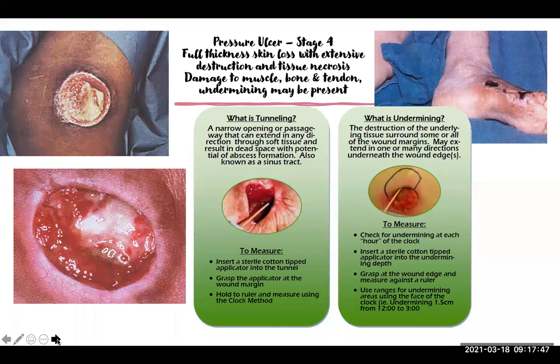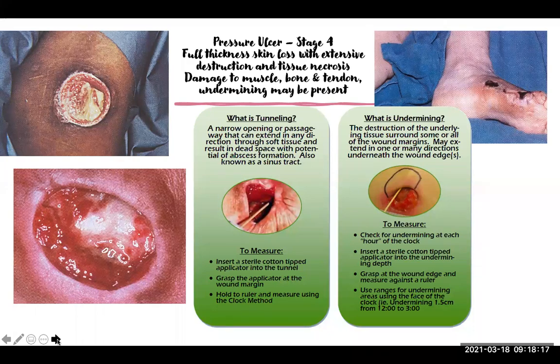So like for this one, it's from 12 o'clock to about 3 o'clock. And you would want to measure how deep it is. So we could do that with a sterile Q-tip, and you just go in, and when you pull it out, you can measure how far it went in. And you measure the deepest point. You don't measure all over the place.